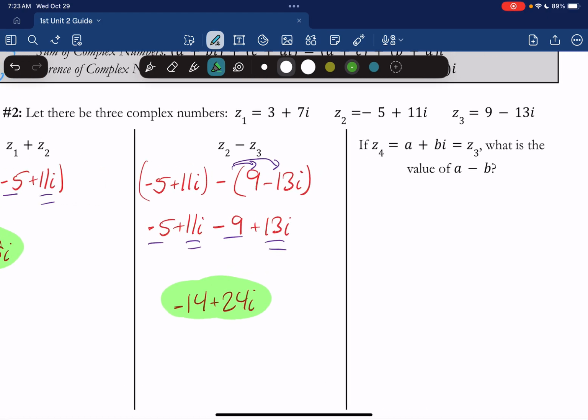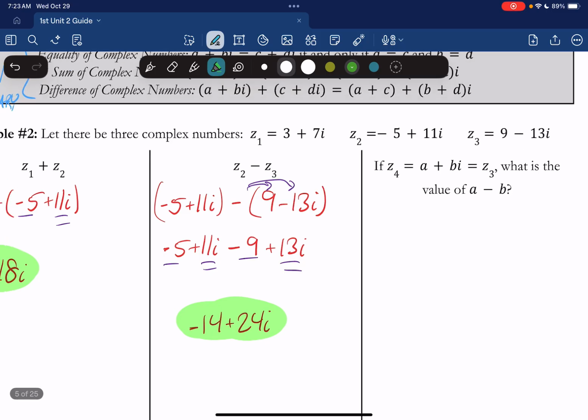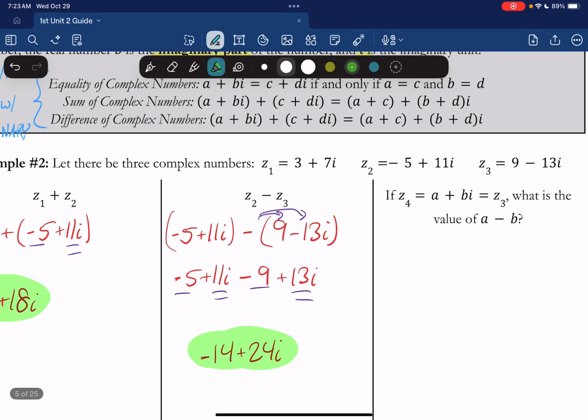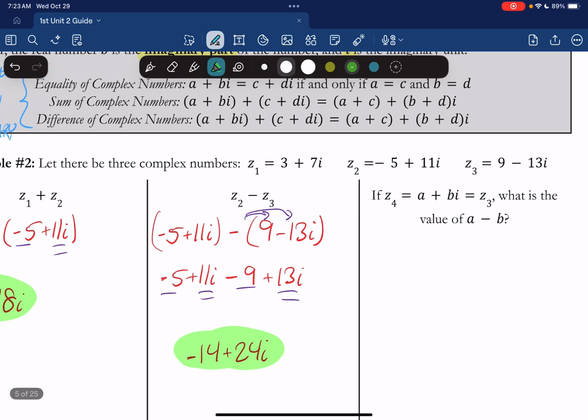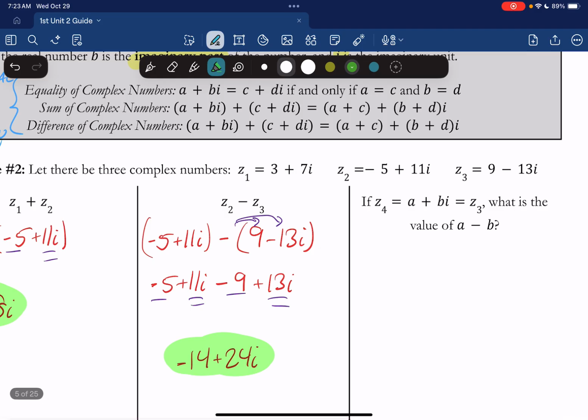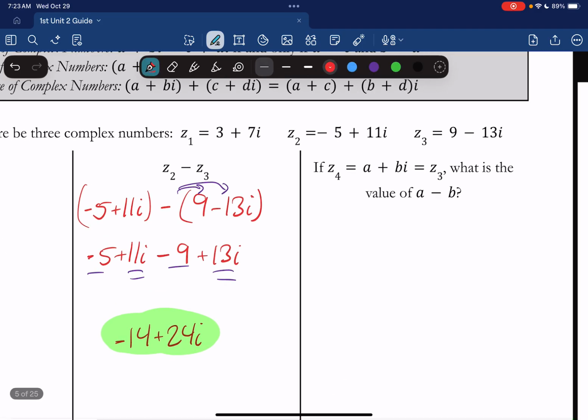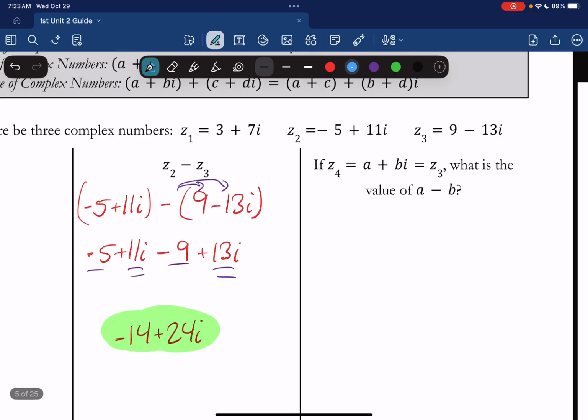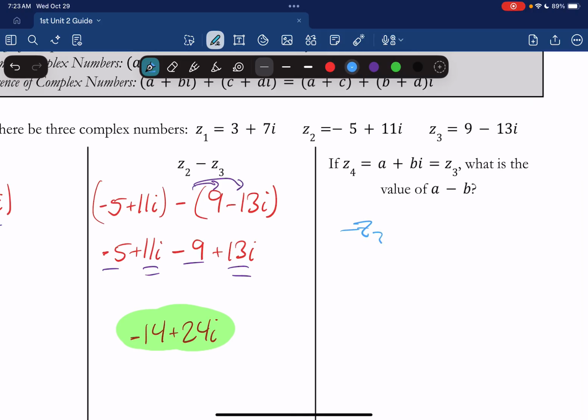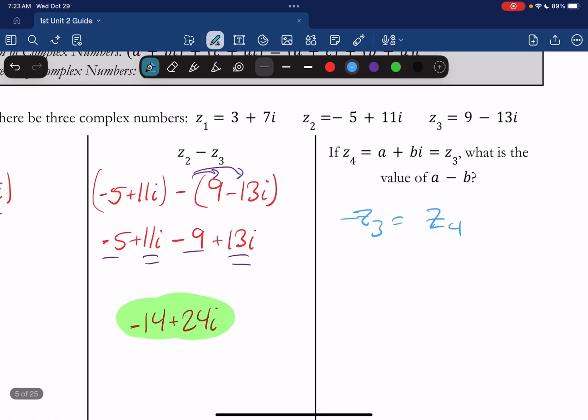So now this says if I have another complex number z4 and it's equal to z3, I want to know what the value of a minus b is. So this is working with that first rule, equality. So two complex numbers are going to be equal if and only if the real parts are equal and the imaginary parts are equal. So if z3 is equal to z4, we know z3 is 9 minus 13i.